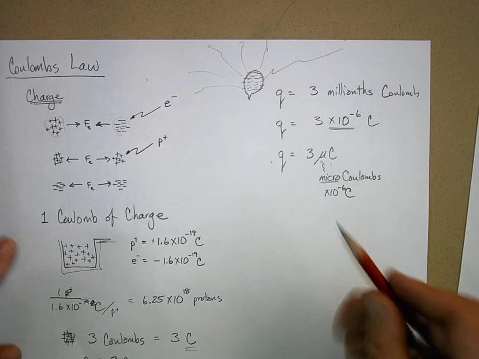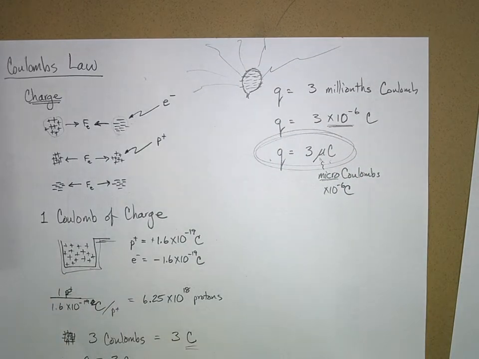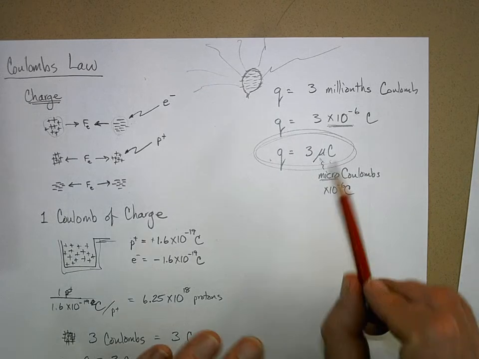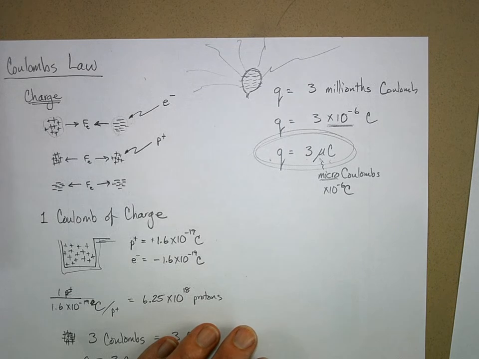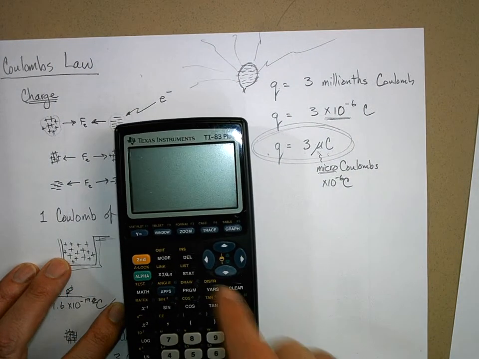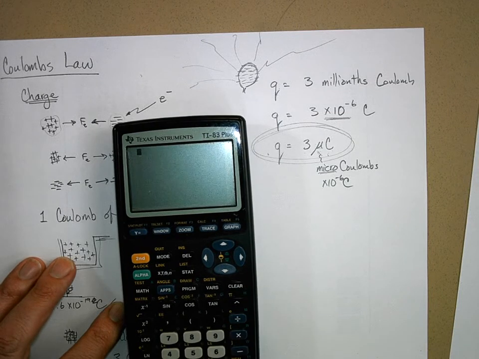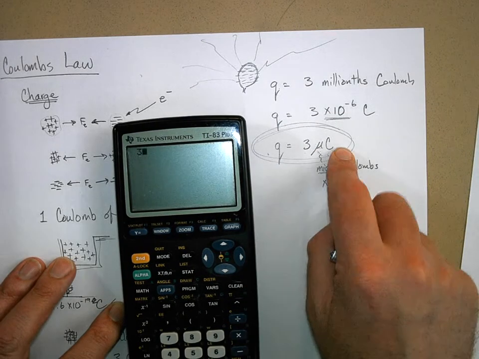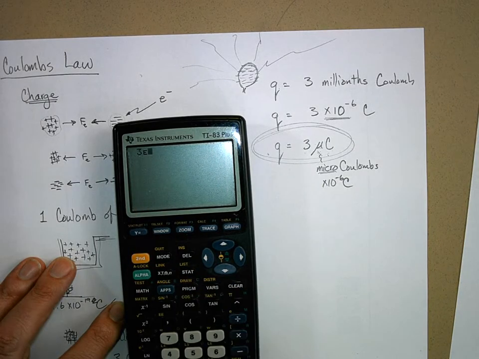So this is more typical of what you're going to see. And when you're doing calculations, what you have to remember to do, when you see that 3 microcoulombs, when you type it into your calculator, you would have to say 3 times 10, or e to the negative 6.